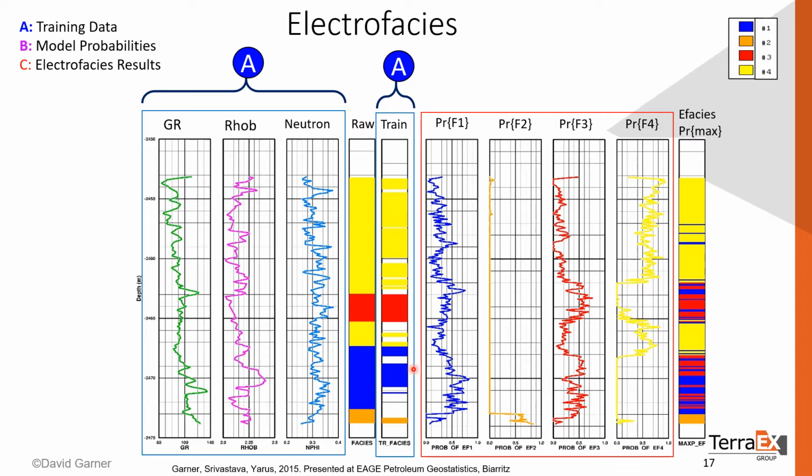And from that, we had four facies, so we get four facies probabilities. And this comes out of the classification process. The highest probability at a depth becomes the final facies, the maximum probability. So here we have a lot of yellow, high probability here, and lower in the others.